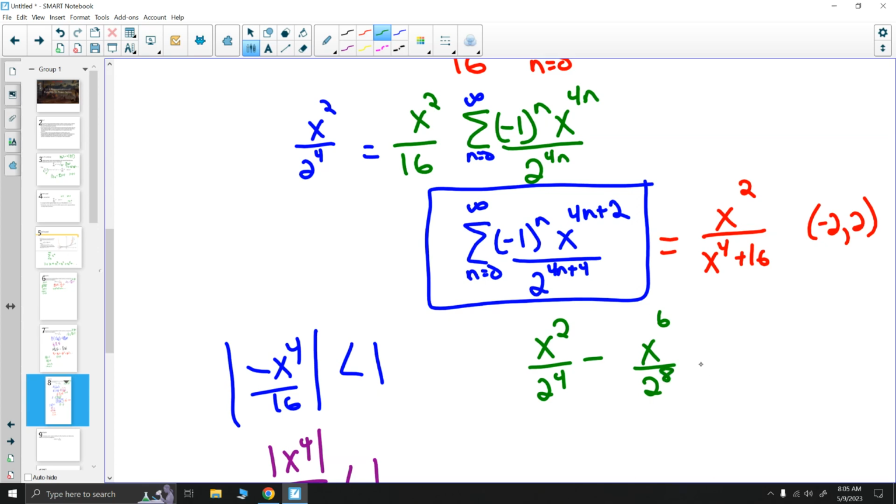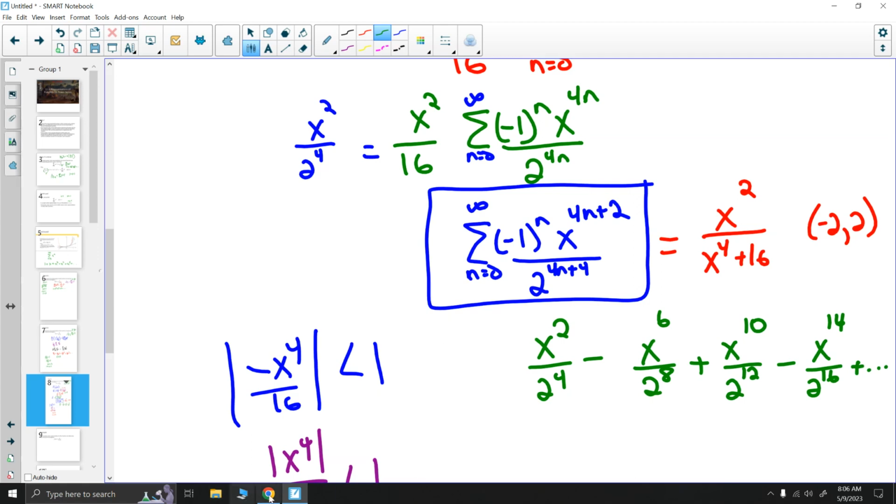That's better, Andy. All right, so plus, this would be when n is 2, we would get x to the 8 plus 2, which is 10. So we're going on this by 4 each time, and here by 4 as well. So that would be, again, in 2, 8 plus 4 is 12 here, minus x to the 14th over 2 to the 16th, so on and so forth.